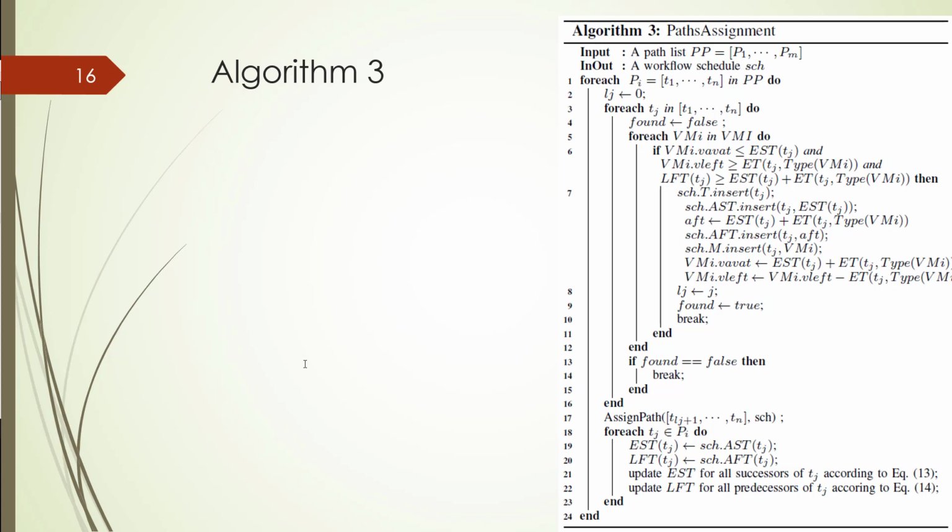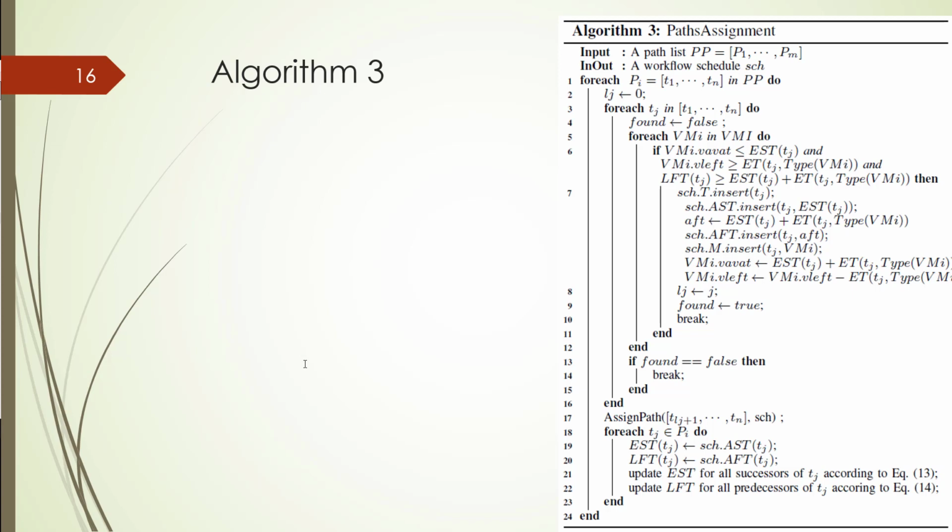So the available time of the virtual machine will be the estimation time of Tj plus the start time of Tj on the virtual machine type I, and the time that is left for the virtual machine instance I will be the VMI left minus the estimation time of Tj on the virtual machine I. Then we assign J to Lj.